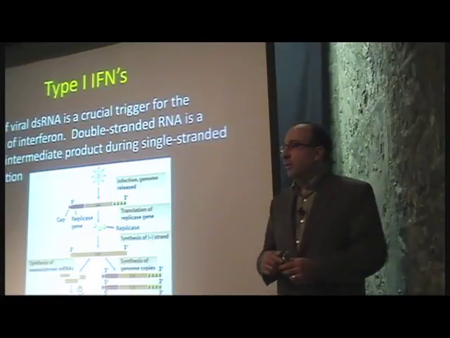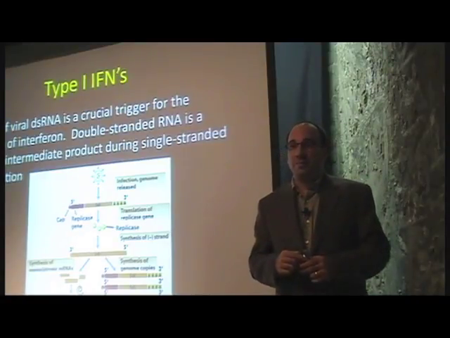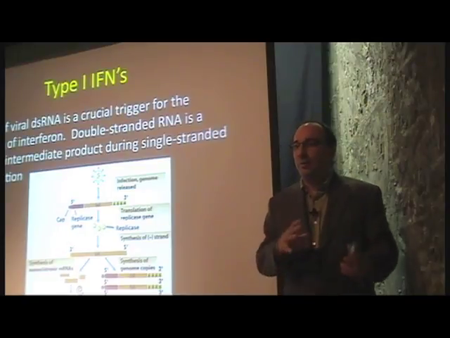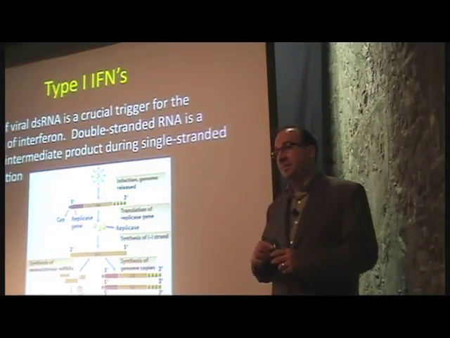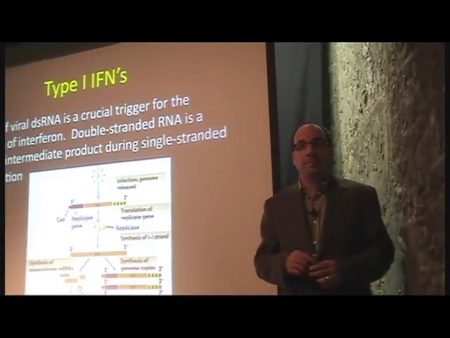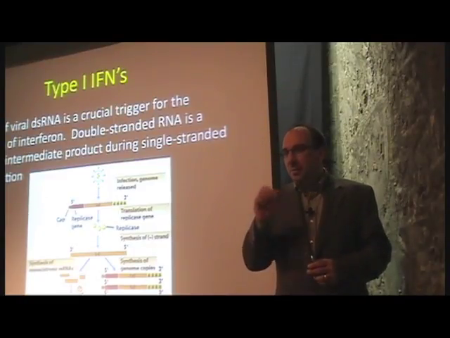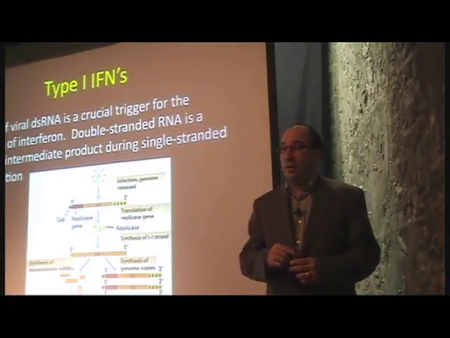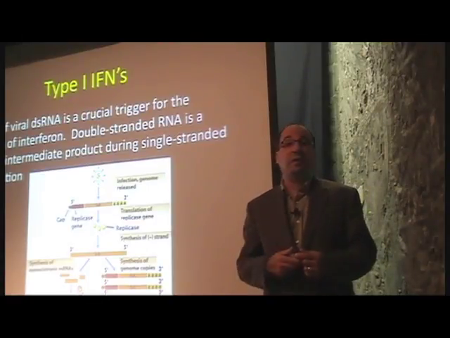So what actually triggers the production of interferons? Well, there are a couple of triggers, but one is the presence of double-stranded RNA in cells. Why double-stranded RNA? Well, that's because double-stranded RNA is not normally found in a typical eukaryotic cell.